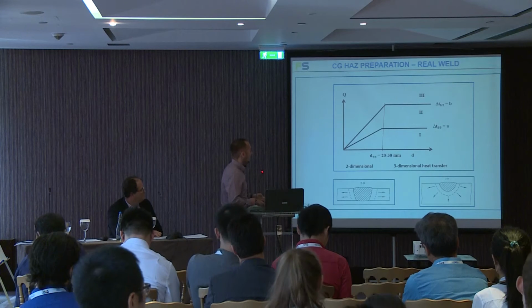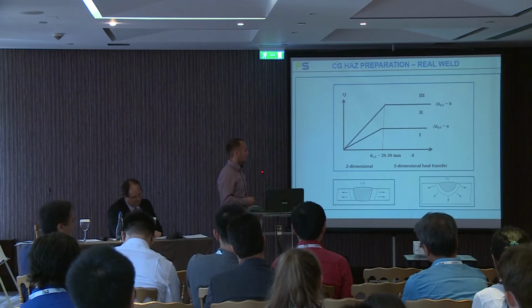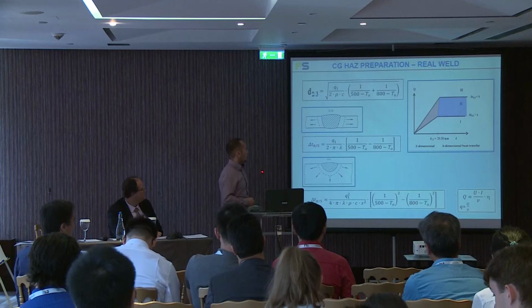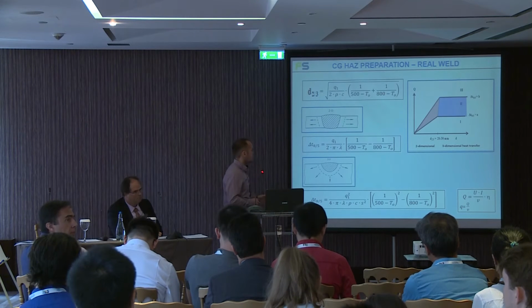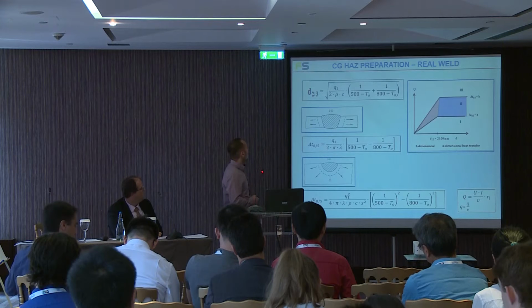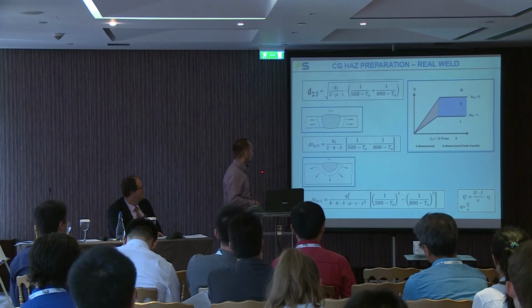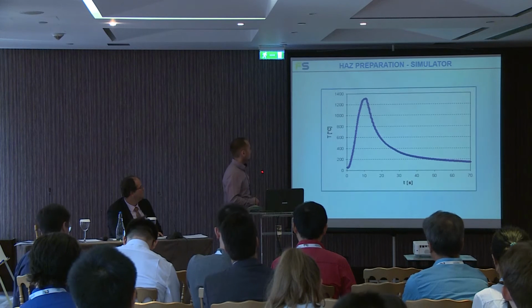This is about the heat transfer in 2D and 3D during welding, with the equations to calculate which region we are in. This is for 2D heat flow and 3D heat flow.